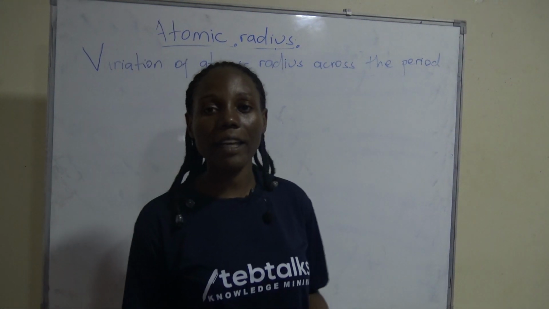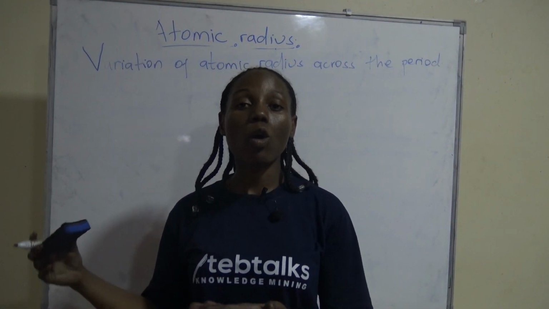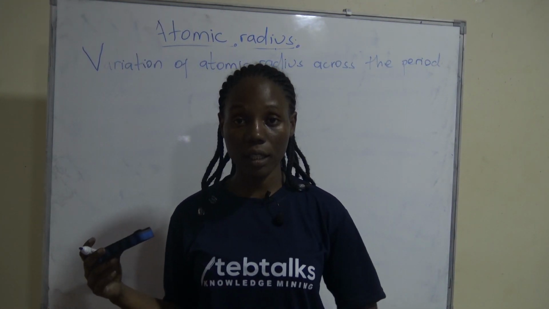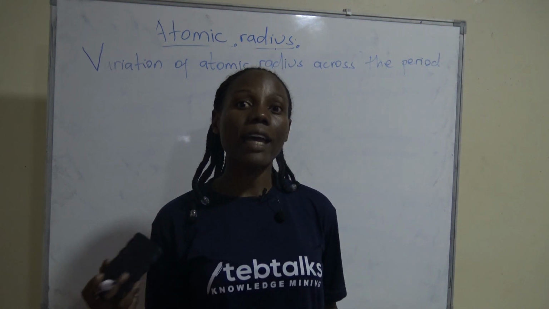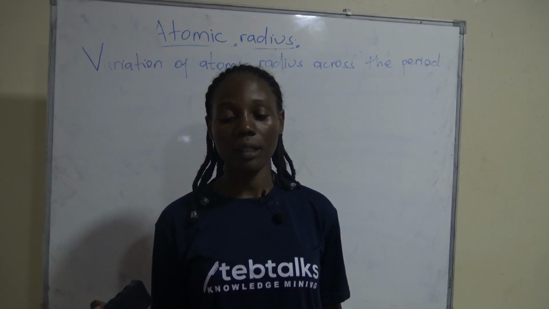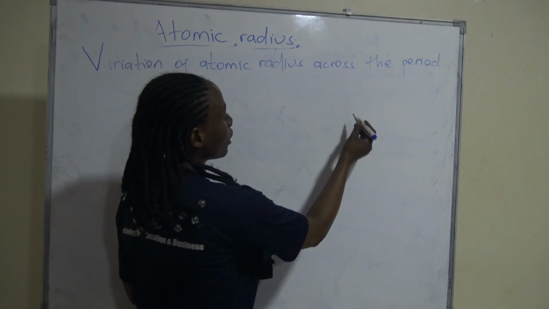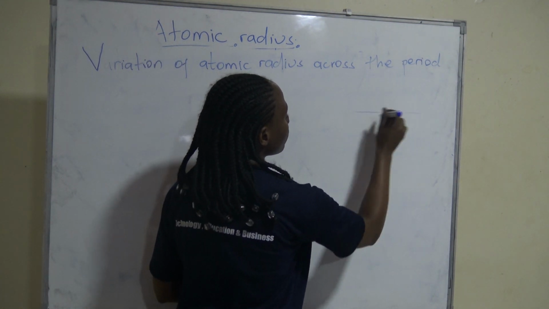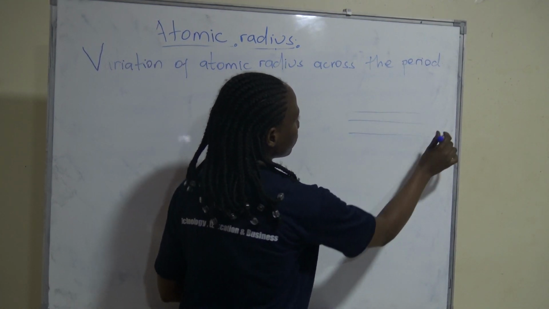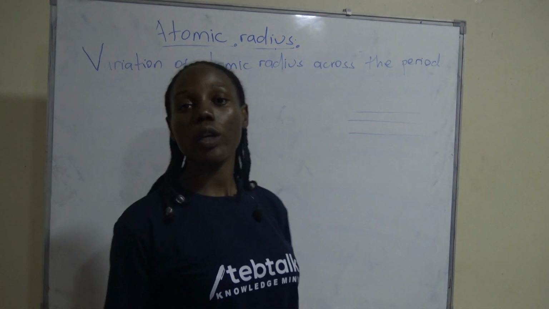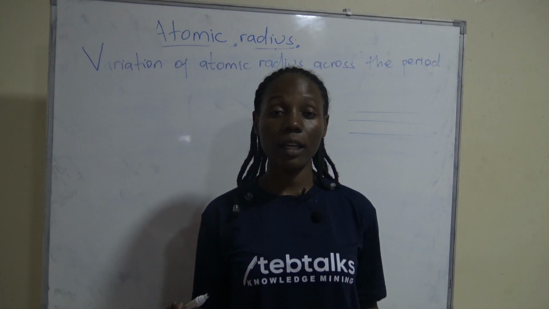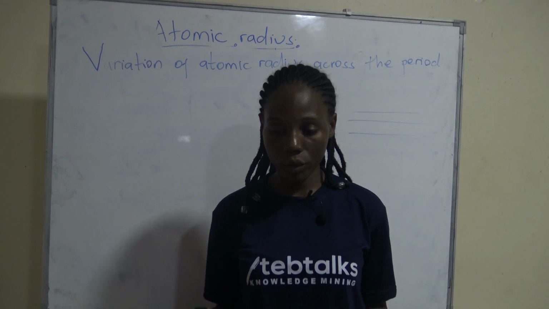Remember, we defined a period as the horizontal arrangement of the elements in the periodic table. So we want to see this horizontal arrangement. What would happen to it in terms of atomic radius?